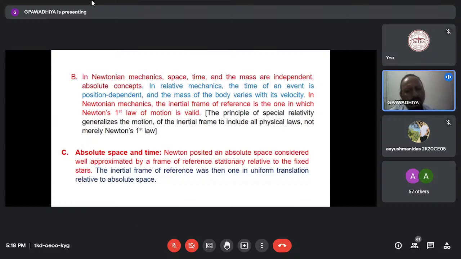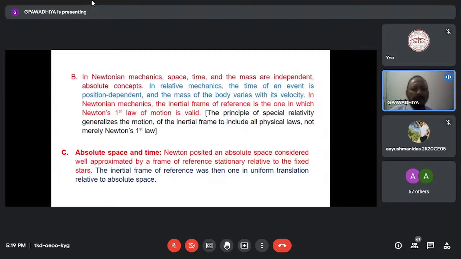Absolute space and time. Newton posited an absolute space considered well approximated by a frame of reference stationary relative to the fixed stars. So on the basis of fixed stars, a stationary reference frame was defined in Newtonian mechanics.